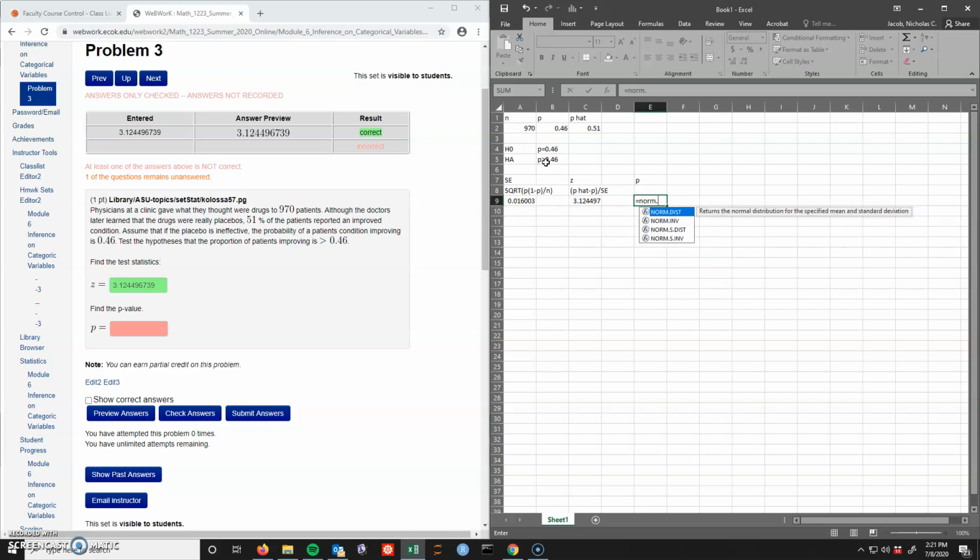No, sorry, other one. Norm.dist. And I'm going to use the s.dist because I just have the z-score here. And we want the cumulative to be true. So it gives me a very small p-value there. And that is going to be what I copy and paste here.